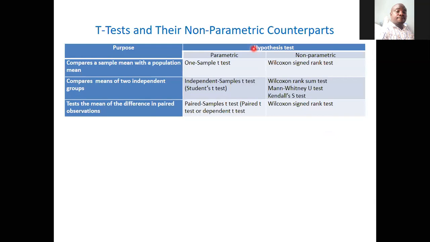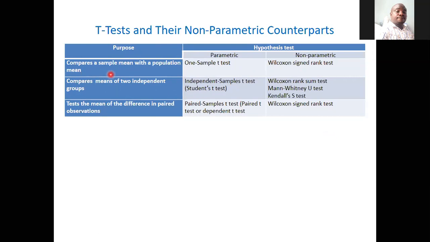Now look at, for example, t-tests and their non-parametric counterparts. You look at the purpose, the parametric and the non-parametric. When you compare a sample mean with a population mean, a sample mean means that you have a data set for a group, but you don't have a data set for the population because the work was done long ago, and you just have a value that is the mean in the population.